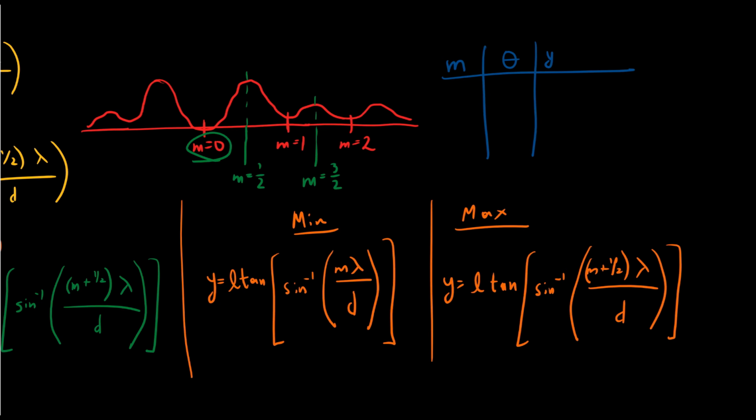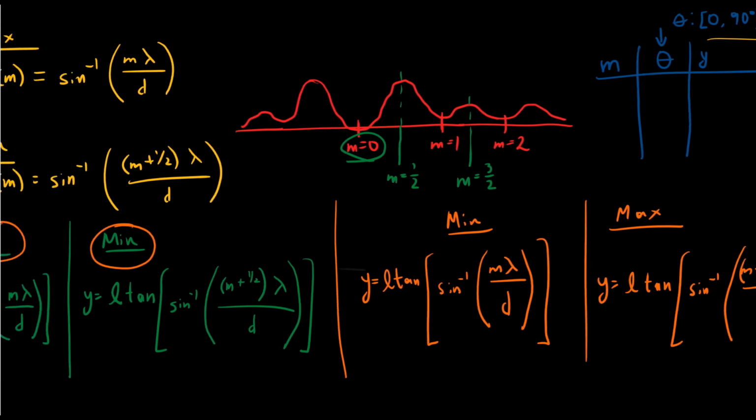And the great thing about this is, we know that theta can only go from 0 to 90 degrees, or if we're talking radians, 0 to pi over 2, because otherwise no light would hit the screen.